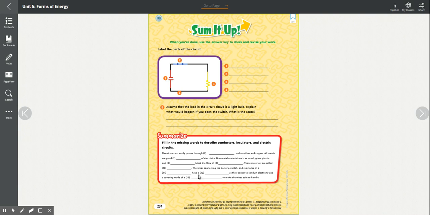These materials are called insulators. The wires connecting the battery, switch, and resistance in a circuit have a metal core at their center to conduct electricity and a covering made of an insulator to make the wires safe to handle.